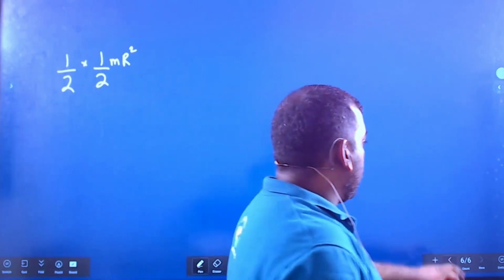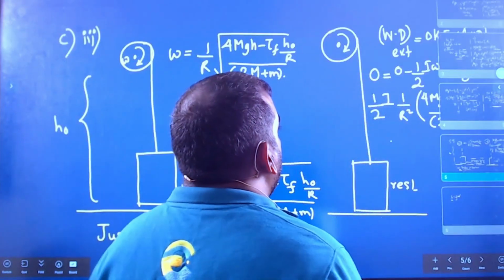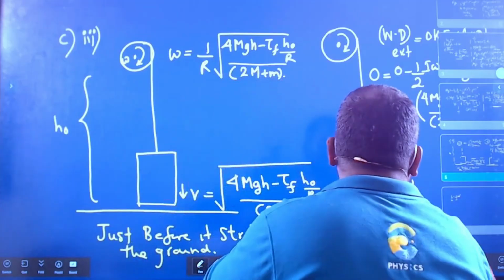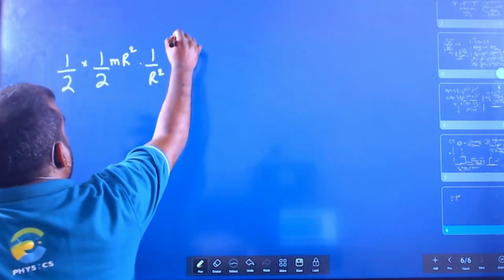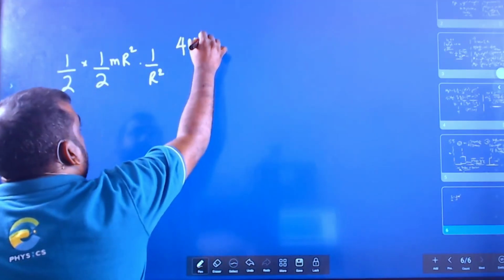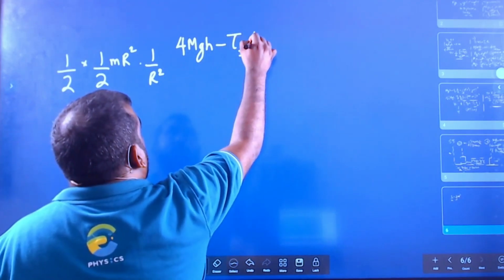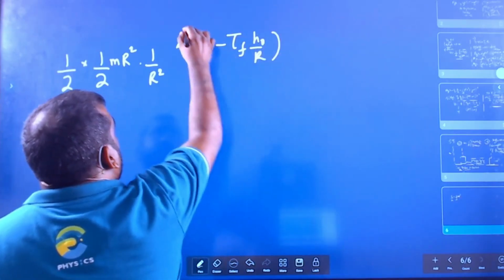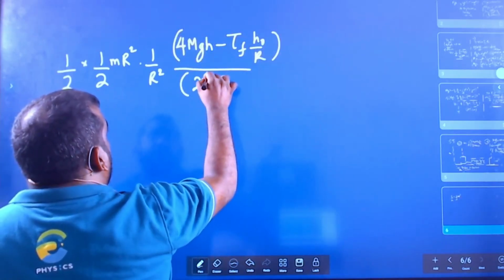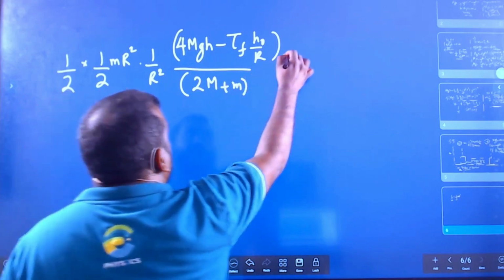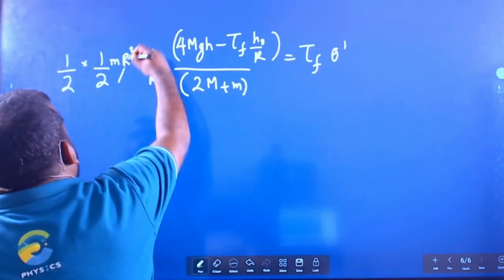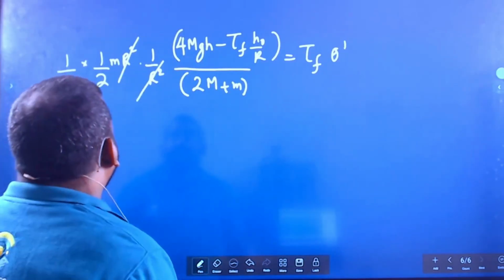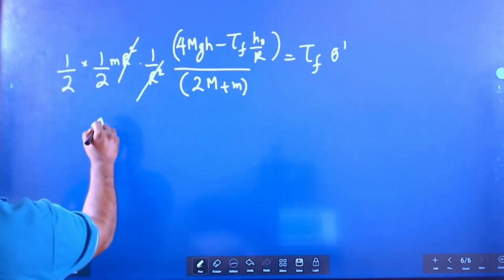The r squared cancels off. Now what is theta dash?